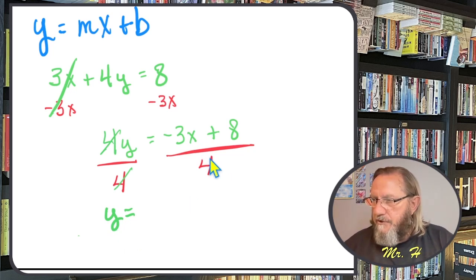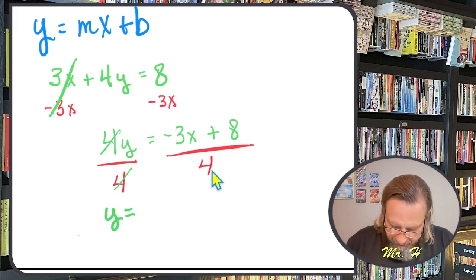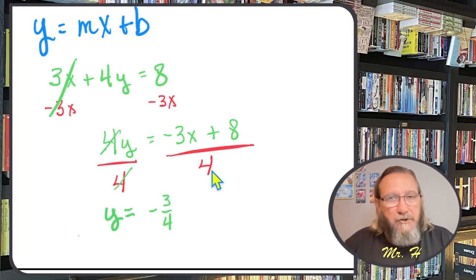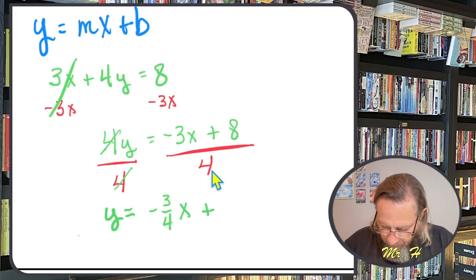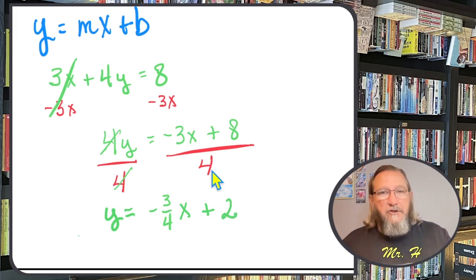Now over here, this 4, remember, has to divide here, and it has to divide here. Negative 3 divided by 4, that's just a fraction. Negative 3/4. It doesn't reduce, it doesn't divide out evenly. And then you've got the x with it, and then you've got 8 divided by 4, which is 2.